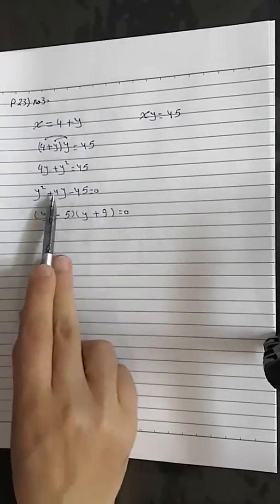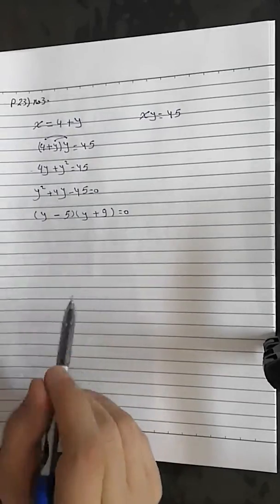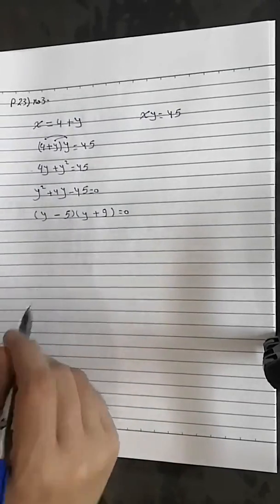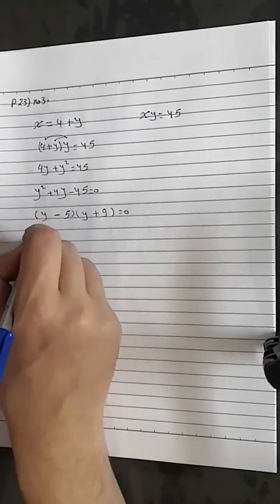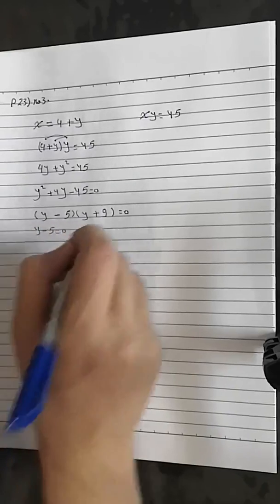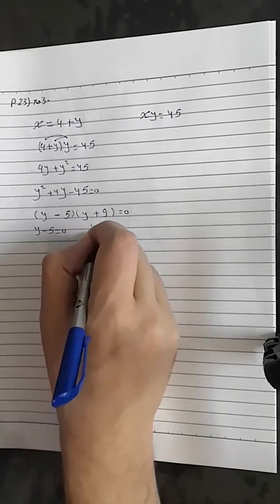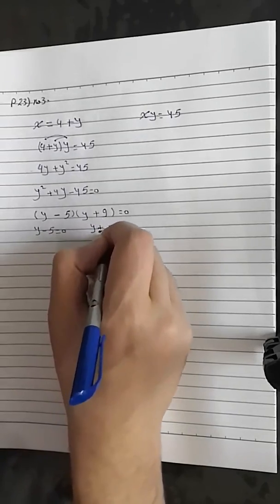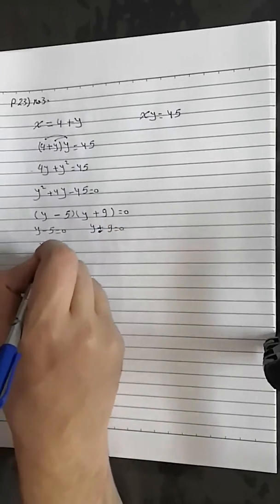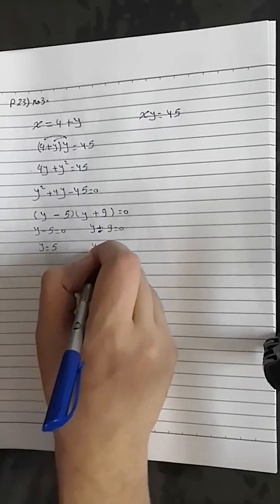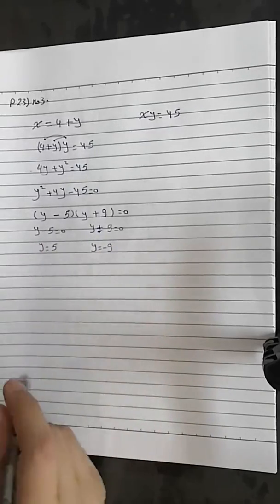It's a plus because the middle one is the greater, because this sign is negative. I have y minus 5 equals 0, and y plus 9 equals 0, so that y equals 5 and y equals negative 9.